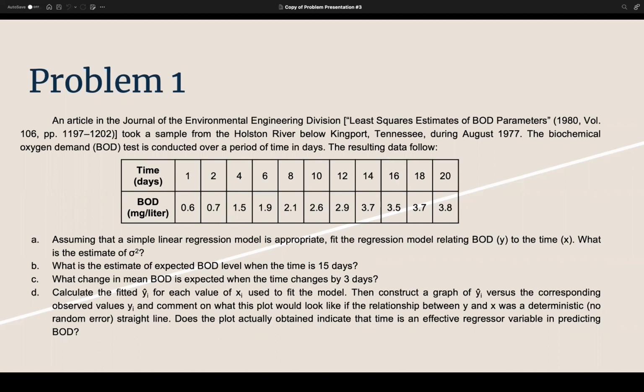Calculate the fitted y for each value of x used to fit the model. Then construct a graph of the fitted y versus the corresponding observed values y and comment on what this plot would look like if the relationship between y and x was deterministic, with no random error, a straight line. Does the plot actually obtained indicate that time is an effective regressor variable in predicting the BOD?